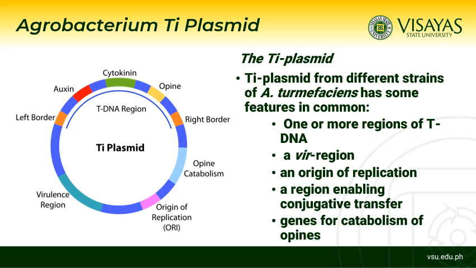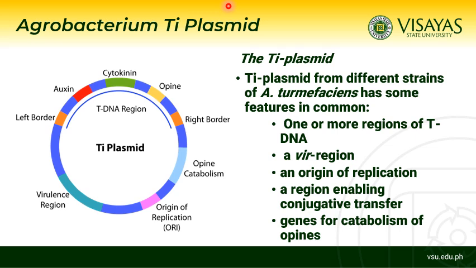Next are the Vir regions, or the virulence regions, or the Vir genes. This is another important component of our Ti plasmid. This is very important because the Vir regions are responsible for the transfer of our tDNA into the plant genome.